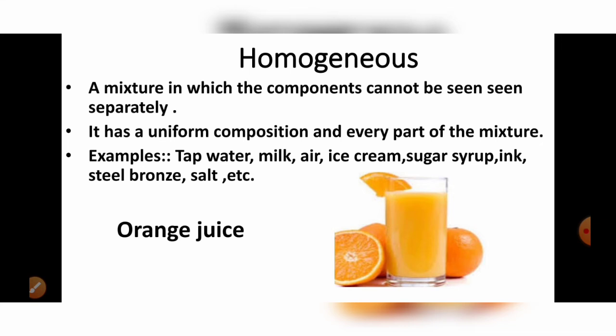No. In ice cream? No. Sugar syrup, you know very well, sugar solution. In our home we make sugar syrup. In that sugar syrup, can you separate the sugar and the water molecules by seeing? No. The same way, all those things cannot be seen through the naked eye. That is known as a homogeneous solution.